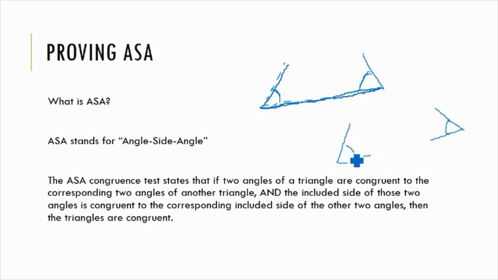So I have two angles and the side between them. If those are congruent, then the triangle's congruent.